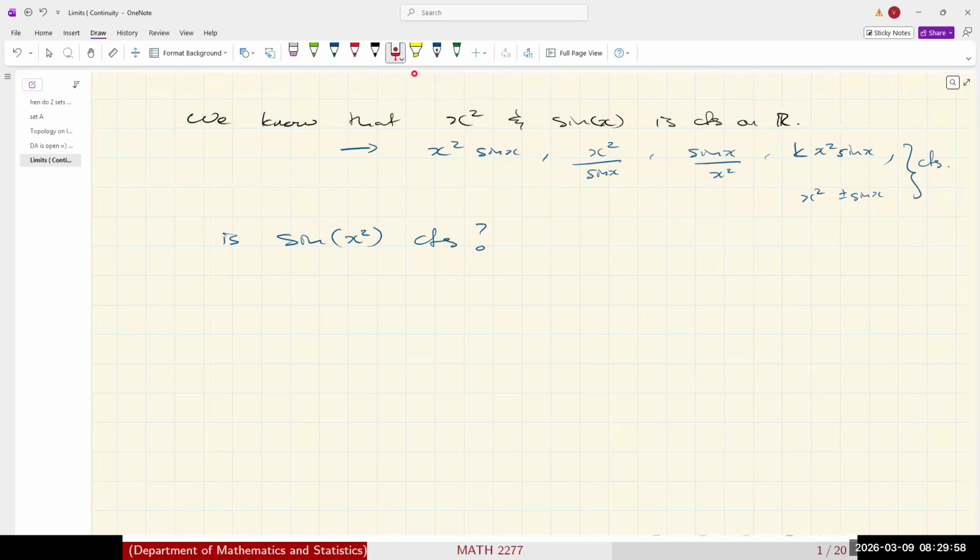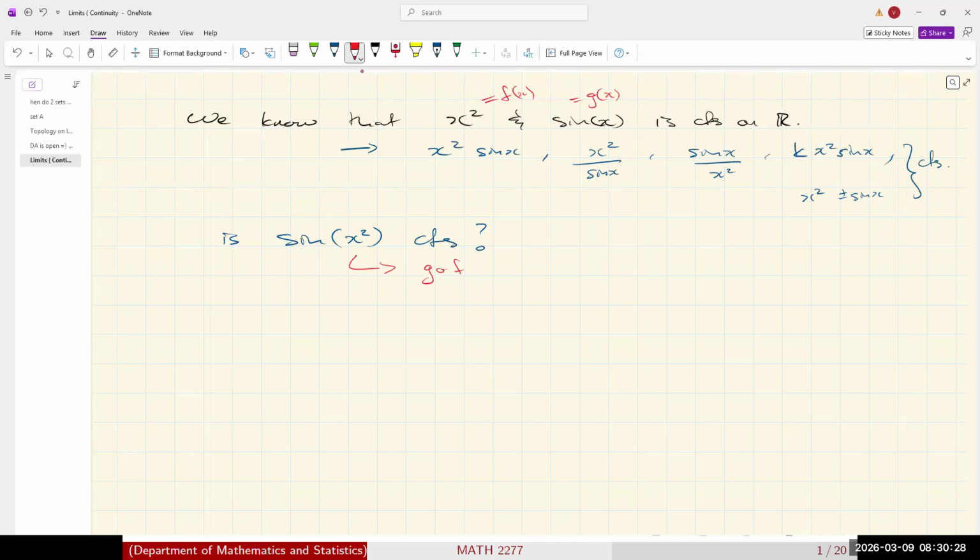But we cannot use that theorem to come up with a function like this, right? But notice that this function, sine of x squared, is simply, if I call, for example, this guy f of x, this one g of x, the composition of g with f, right? So g composed with f.